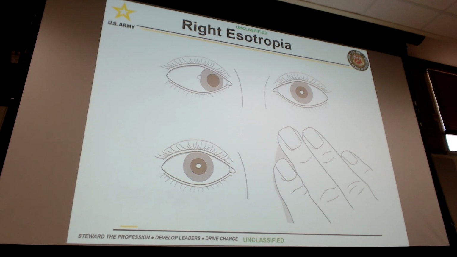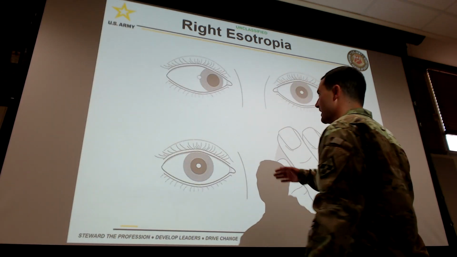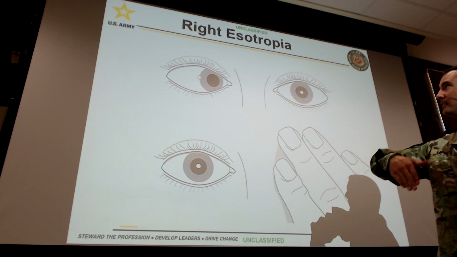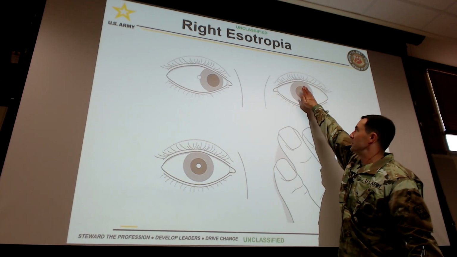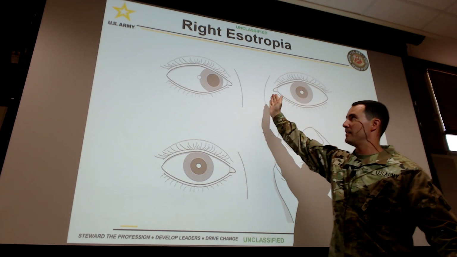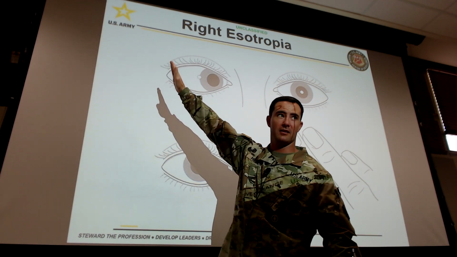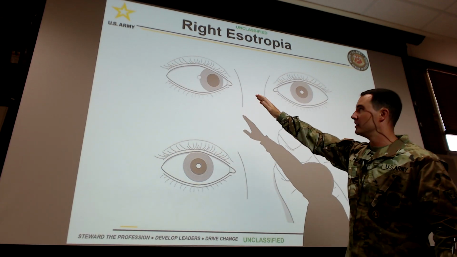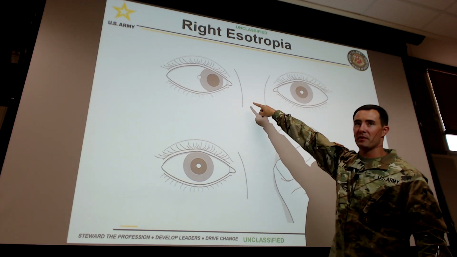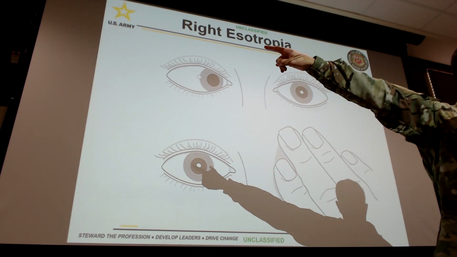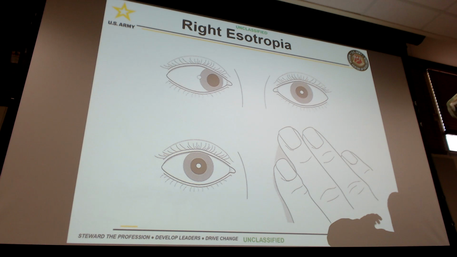You're going to have this patient looking at you all crazy-eyed. You're going to cover the left eye, and that right eye is going to snap back into where it's supposed to be. Normally, when both eyes are uncovered in that top picture, that right eye is not turned on.